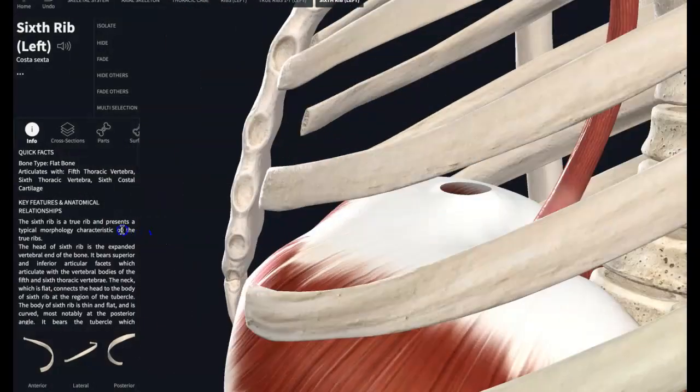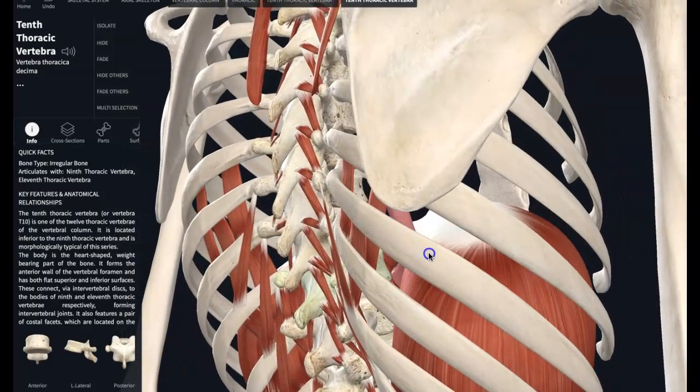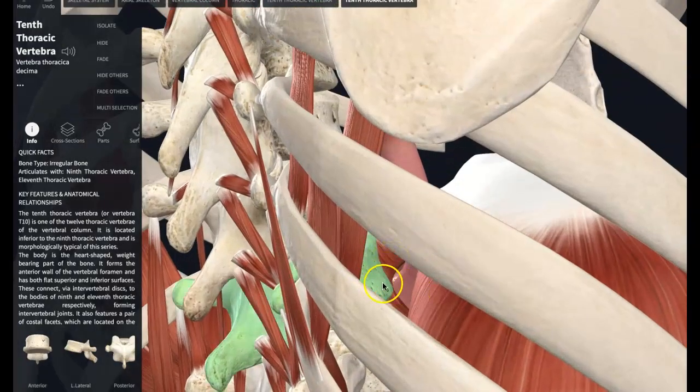And it is level posteriorly with the body of the 10th thoracic vertebra. You might be able to see that. There's the hiatus right there, and there's that 10th thoracic vertebra. You have to peek in to be able to see that. So there, both of those structures are.